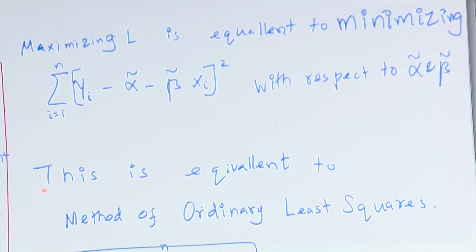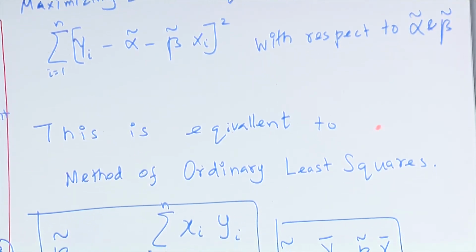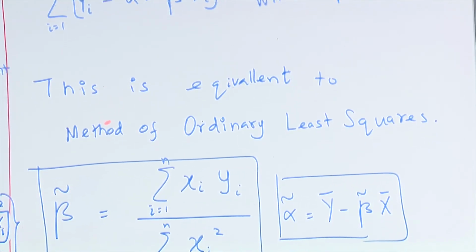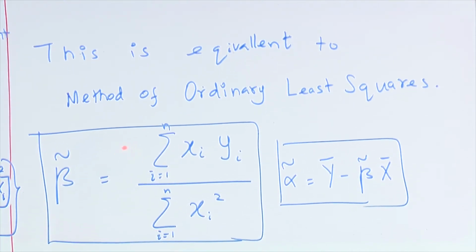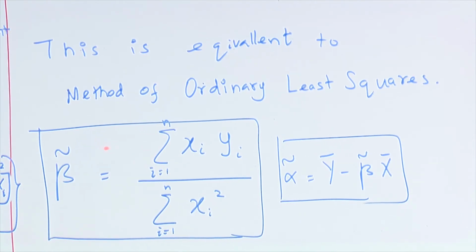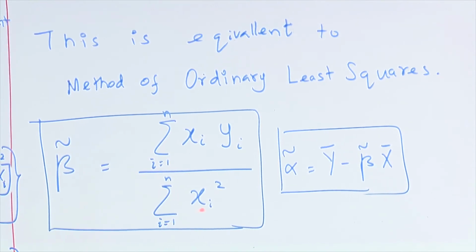This is very much equivalent to the method of ordinary least squares, and so we would derive the estimators as beta tilde equal to the sum over i from 1 to n of small xi small yi divided by the sum over i from 1 to n of small xi whole square, and alpha tilde is equal to y bar minus beta tilde x bar.